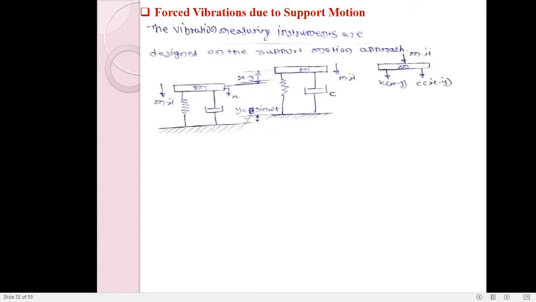Okay, so let us assume one system. Here we have shown a mass. Suppose this is a chassis. This mass is the mass of the engine as well as the total assembly of the vehicle, and here we have the shock absorber. And this is the support, this is our, we can say, the wheel.